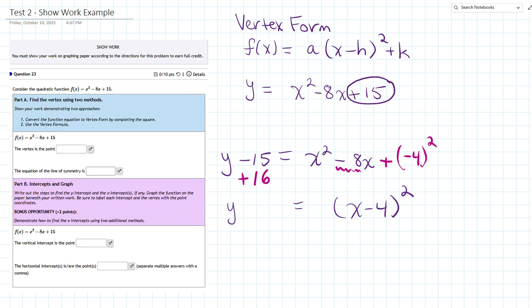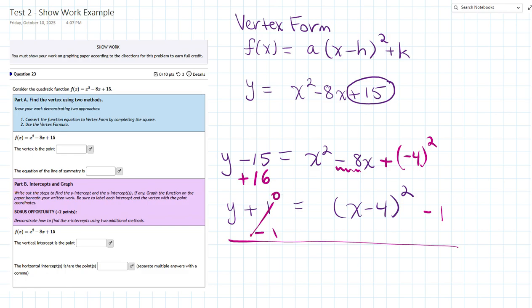When I combine negative 15 plus 16, I get y plus 1 on the left. Now I'm going to put it back into function form. So y has to be all by itself, and I can simply subtract 1 from each side.